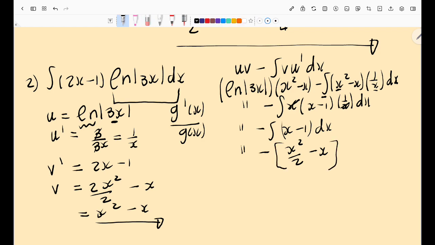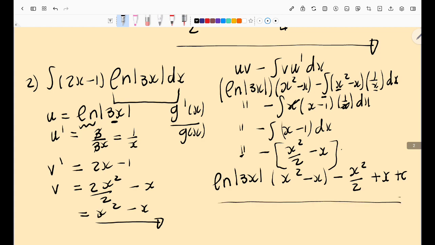So if I were to rewrite my answer, it is now going to be ln 3x, the one we have just been denoting as this, times x squared minus x, right, minus this, which is minus x squared over 2 plus x plus my c, right? And that is your answer.